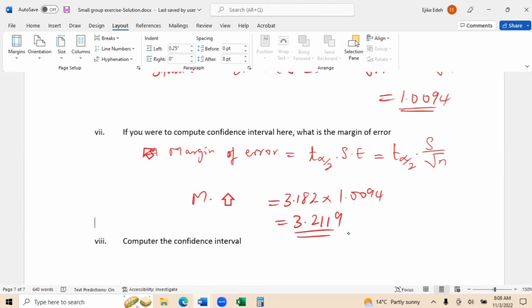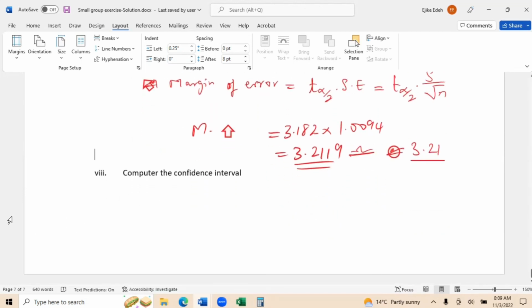Let's do that again to be sure. 3.182 times 1.0094 is 3.2119. That's what we have as our margin of error. And you can round it to 2 digits if you want for a final answer. So this is approximately 3.21.